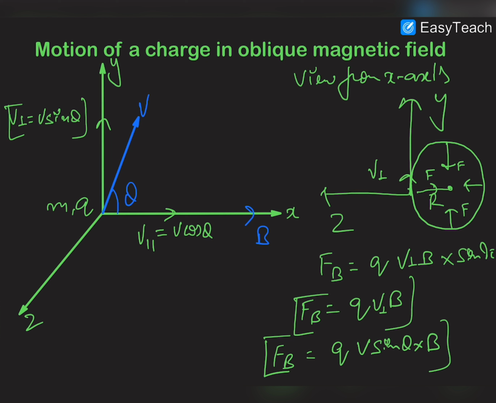So this theta is fixed, it is not variable. So this is QVB sin theta, and QVB sin theta will be balancing out M V perpendicular square by R. This is the centripetal force, and obviously we know that V perpendicular is V sin theta.